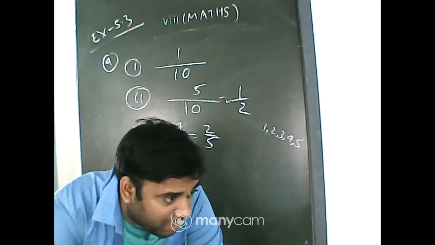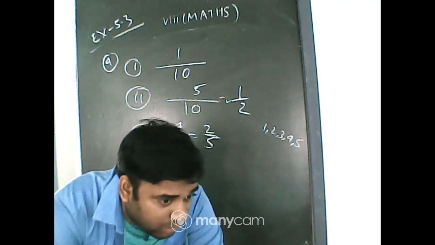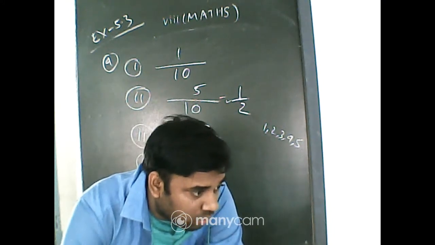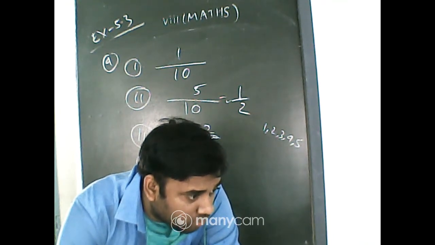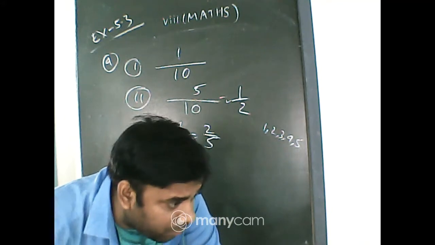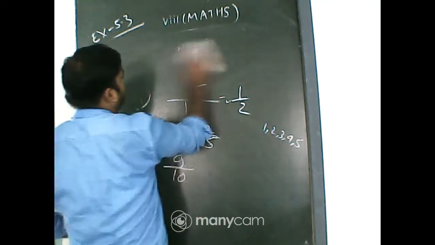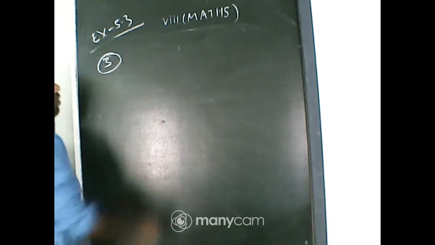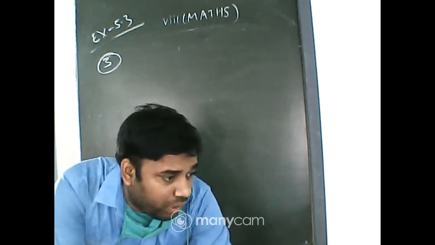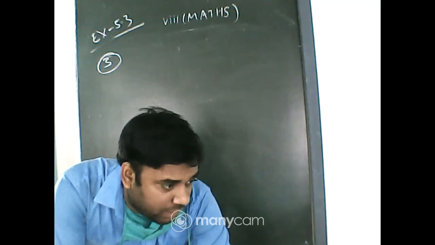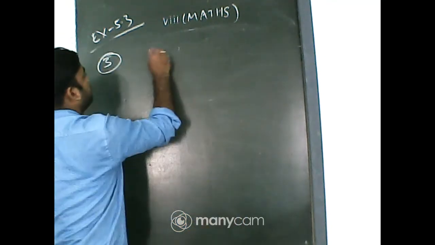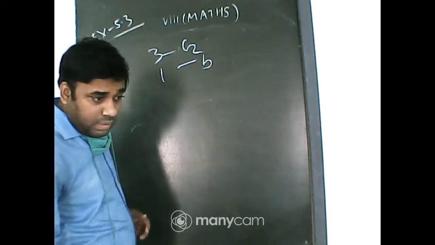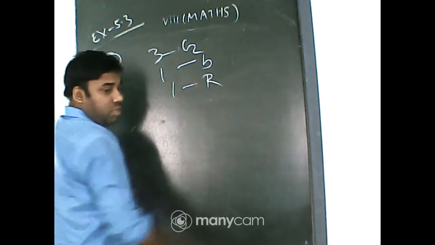Now moving on to question number 5. If you have a spinning wheel with 3 green sectors, 1 blue sector and 1 red sector, so 5 sectors in total.